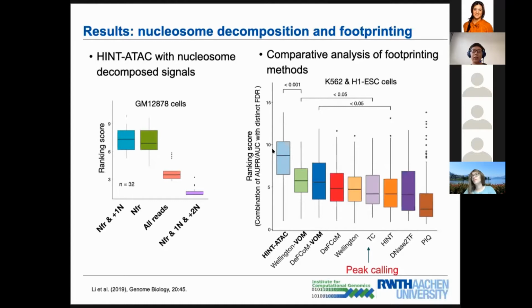So finally, we propose HINT-ATAC by combining bias correction and nucleosome decomposition. We also compare HINT-ATAC with other competing methods. On the right-hand side, you can see the benchmarking results, and we can see that HINT-ATAC outperforms other competing methods.